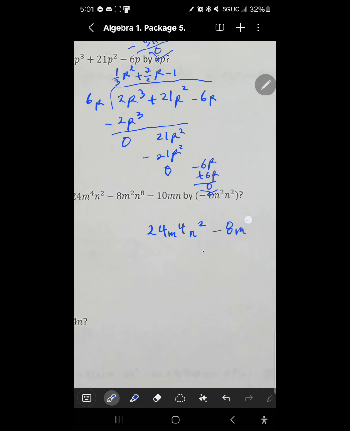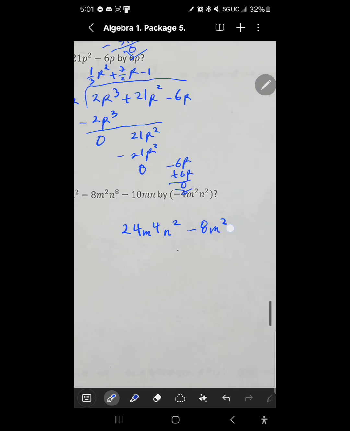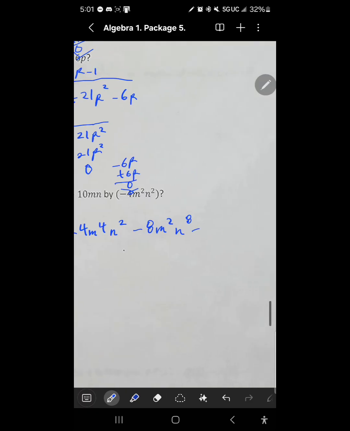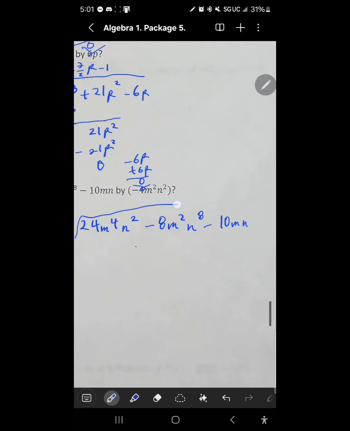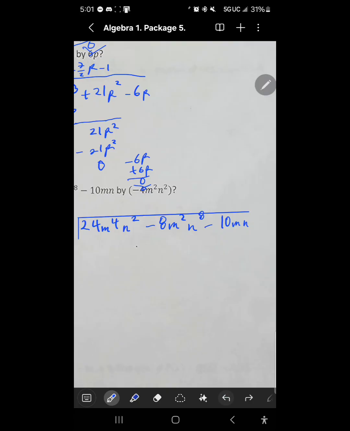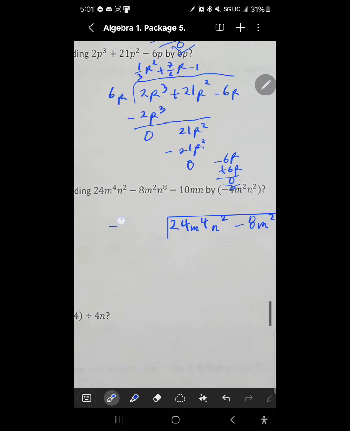I think I might be able to finish. Let me see what I can do. So on all that, that is divided by negative m squared n squared.